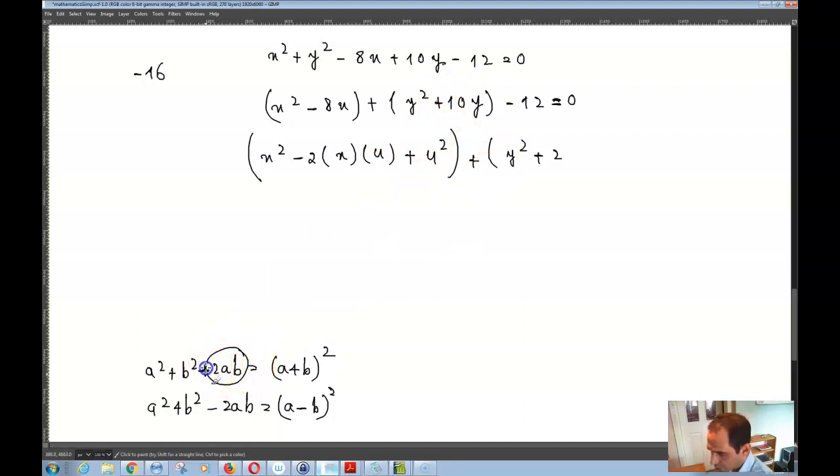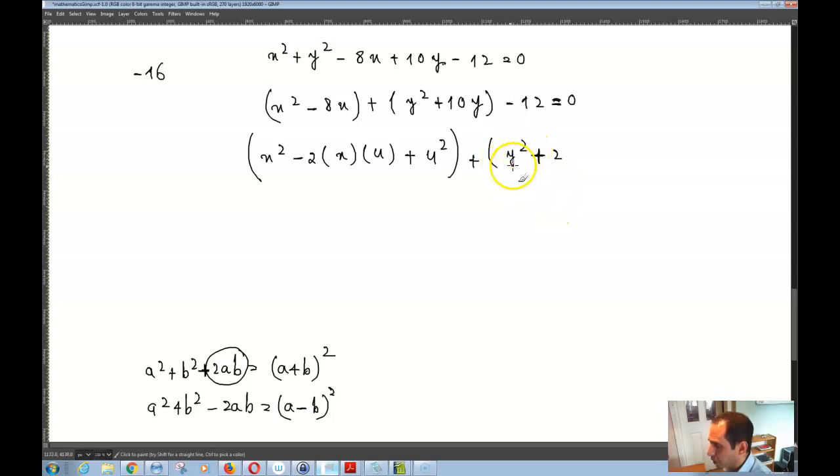So since we have a positive sign over here, then I will use this formula, and so basically based on this formula over here, I have to write plus 2 times a times b. Of course you can use, for example, this formula as well, and then change your numbers a little bit, but that's not really necessary here.